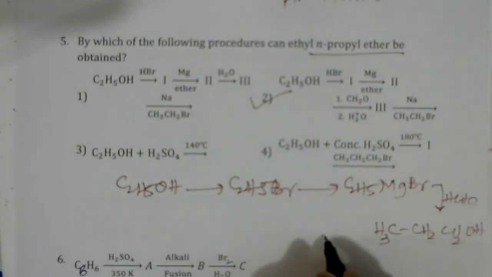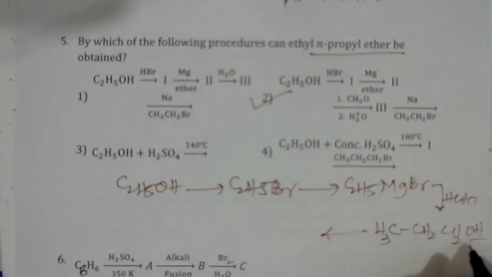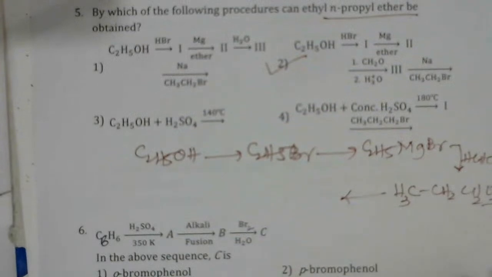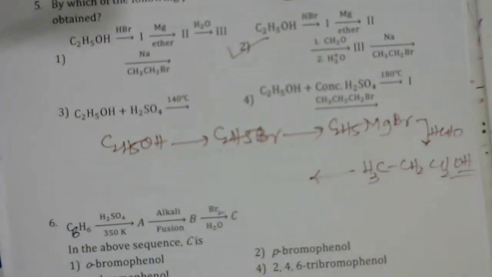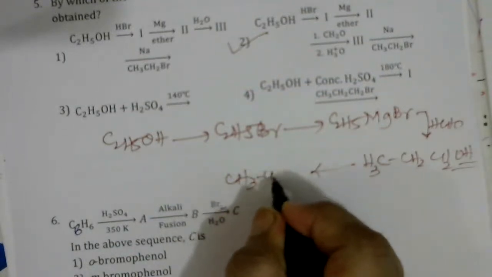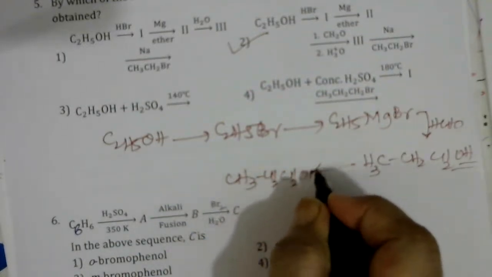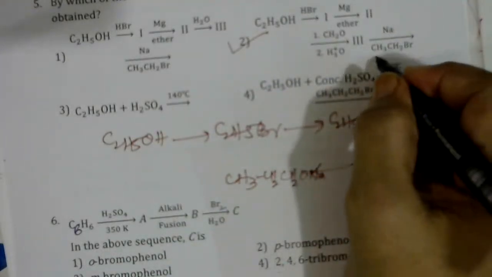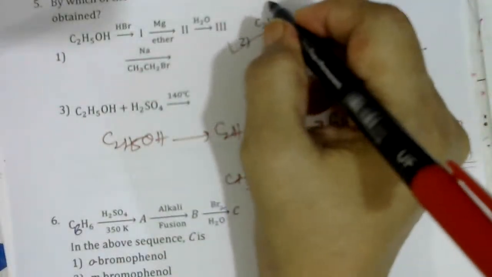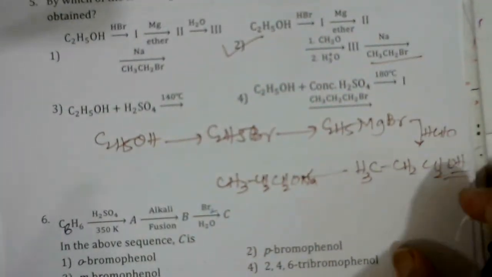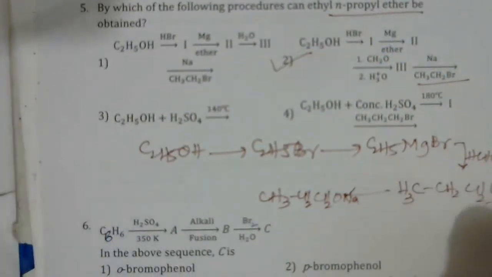Further, when treated with sodium metal, OH is replaced by ONa, that is CH3CH2CH2ONa, sodium propoxide. When treated with ethyl bromide, we get ethyl normal propyl ether. Therefore, the correct option is the second option. Next one.